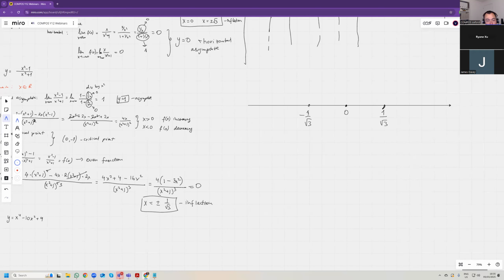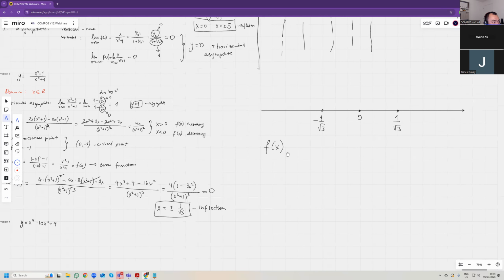Okay, so the second derivative. Well, you can look at the second derivative. The function f of x is x squared minus 1 over x squared plus 1. Ooh, the zeros, yeah. We haven't mentioned the zeros. Okay, so that's 1 and minus 1. So zeros plus or minus 1.